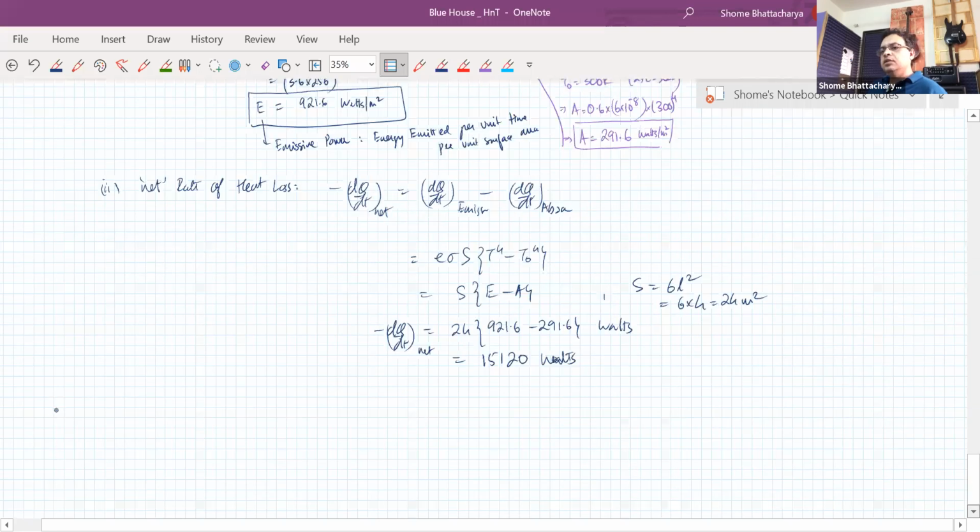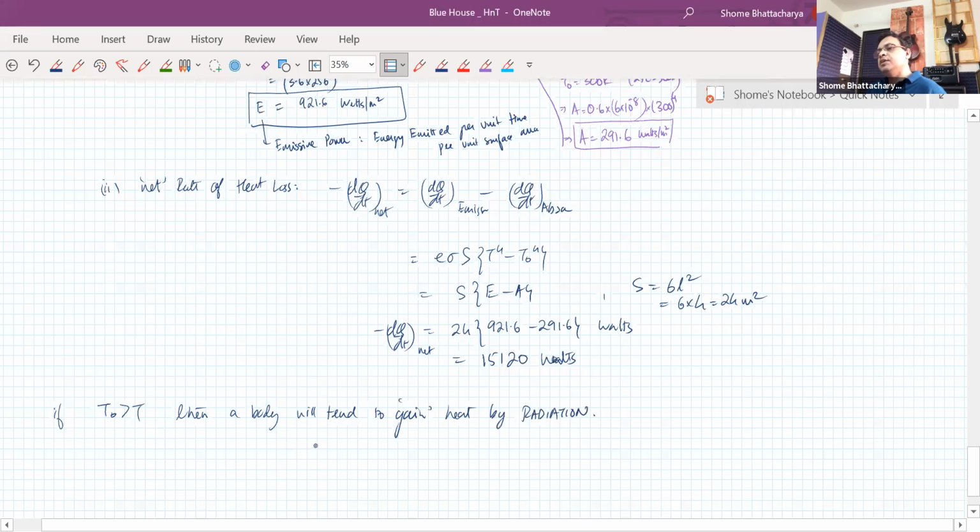Now likewise, if the temperature of the surrounding is greater than the temperature of the surface, then a body will tend to gain heat by radiation.